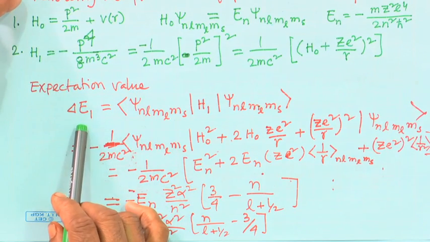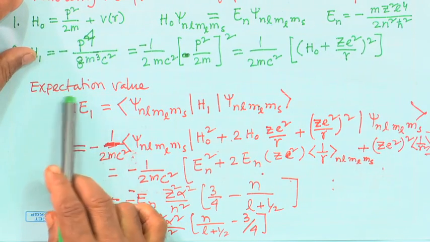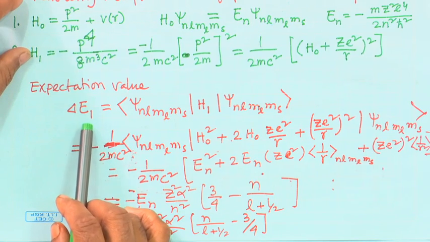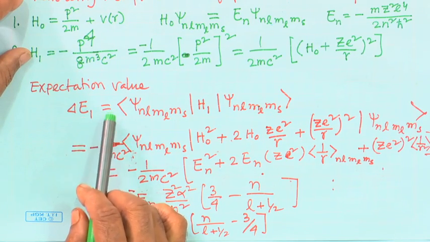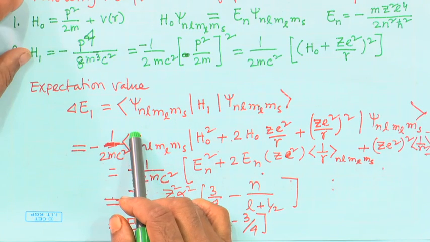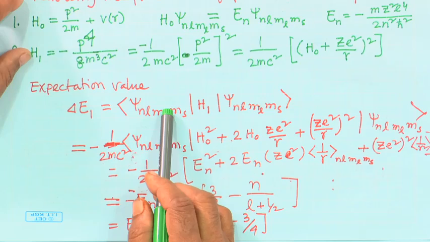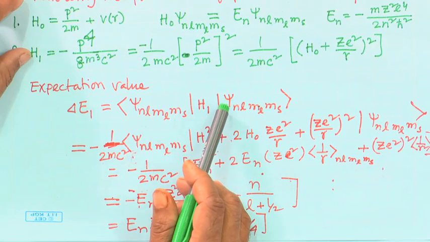So, that is basically del E for H1. This correction term in energy is del E1. One can find it as psi star H1 psi. That is the procedure in quantum mechanics.